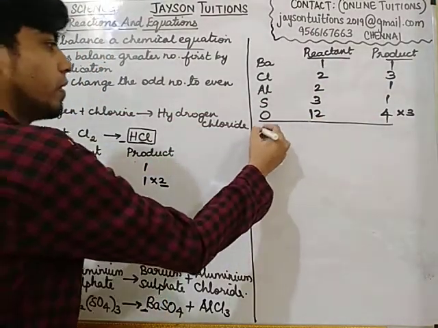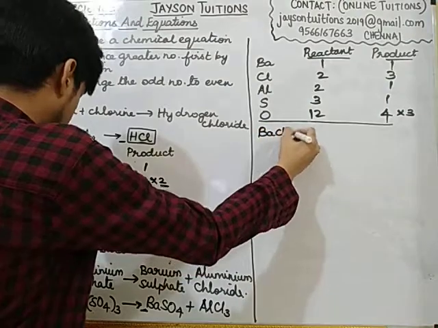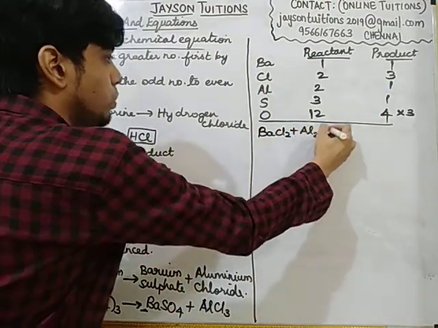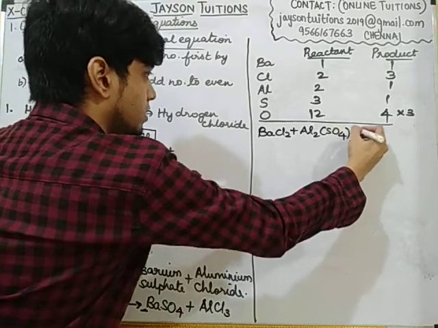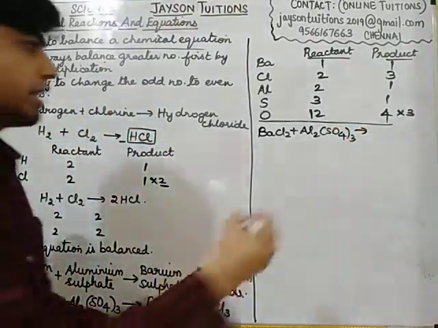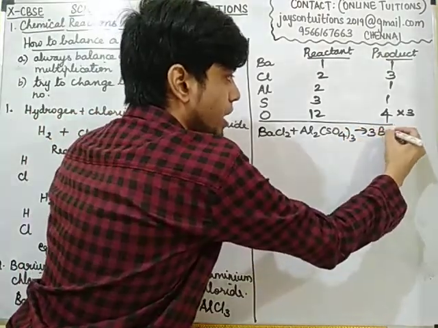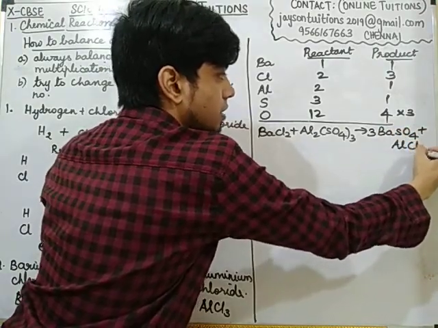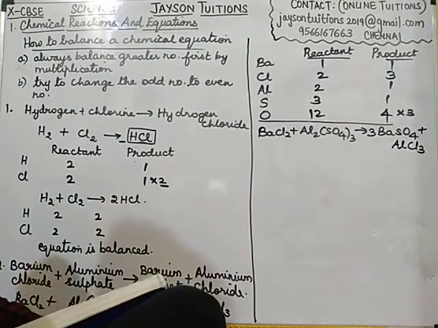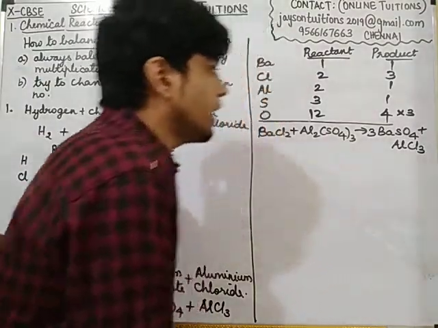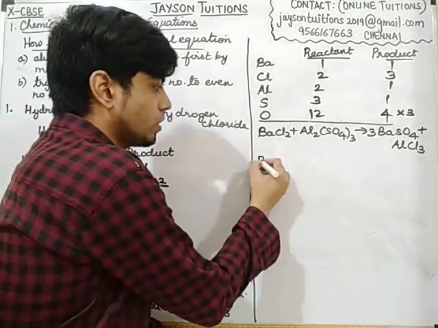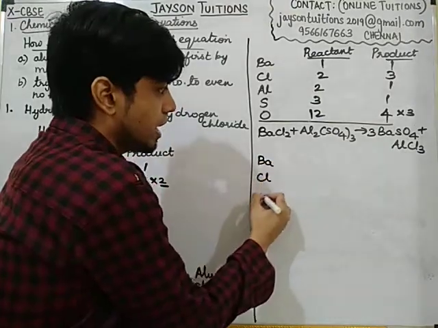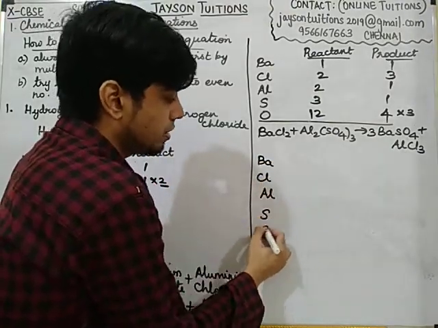So what will I get? BaCl2 plus Al2(SO4)3 gives 3 I will write here. So it is 3BaSO4 plus AlCl3. So like this I will be getting. Okay, now let me check again. So BaCl2, Al2(SO4)3.